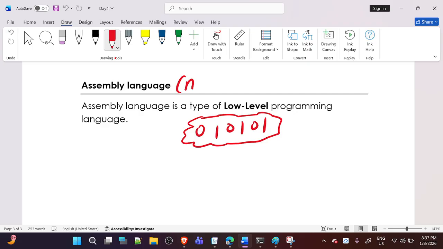The spelling is a little tricky: mnemonics. So what do mnemonics mean? Mnemonics means symbols, or we can say verbs.